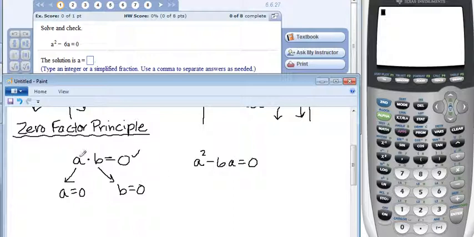I want to make sure that if I have two things multiplied equal to 0, then I can do this. Well, here I have subtraction, I don't have multiplication. But we just learned, for 3 or 4 sections, how to turn addition and subtraction into multiplication. And that's factoring.